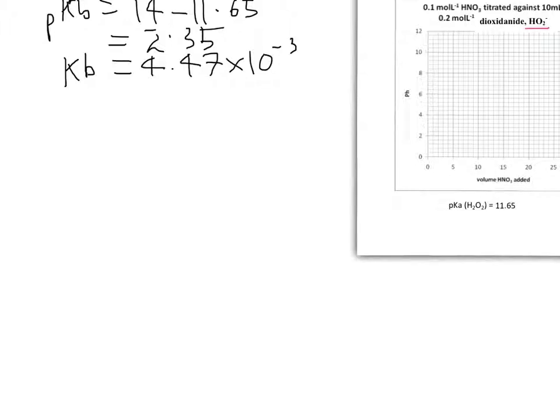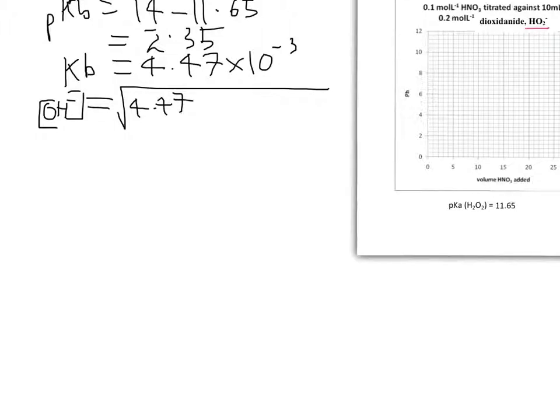Now I've worked this out, I can calculate the concentration of OH minus hydroxide in my initial solution. Okay, and I do that by the square root of the Kb, 4.47 times 10 to the negative 3, times the original concentration, which was 0.2.